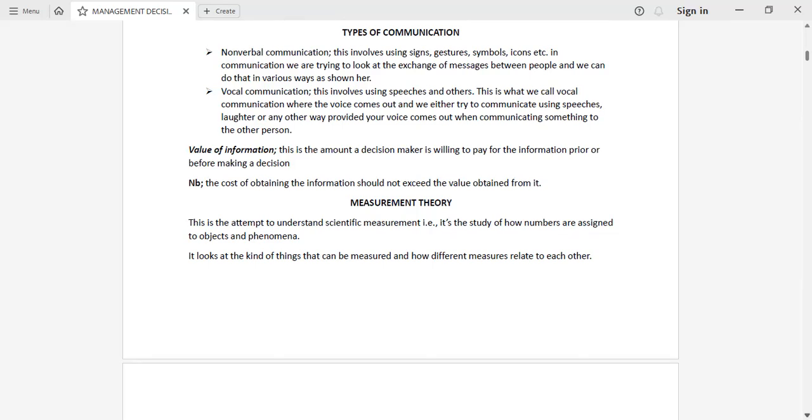But where we don't have any verbal communication, it's what we call non-verbal. In other words, if we are not receiving any sound or voice, it means someone is using signs or gestures, symbols or icons, and all that.